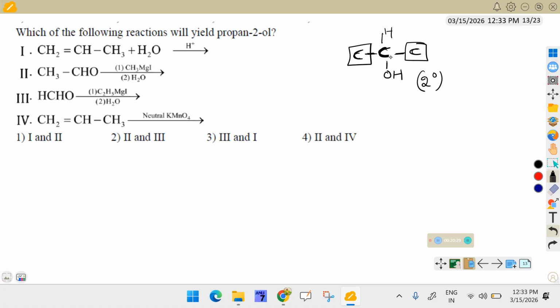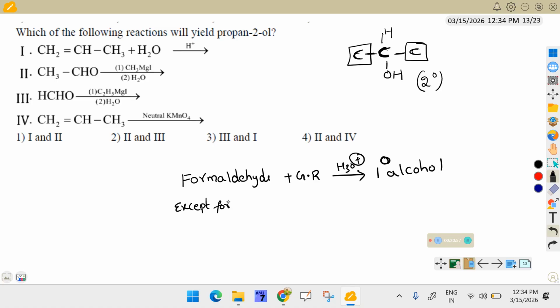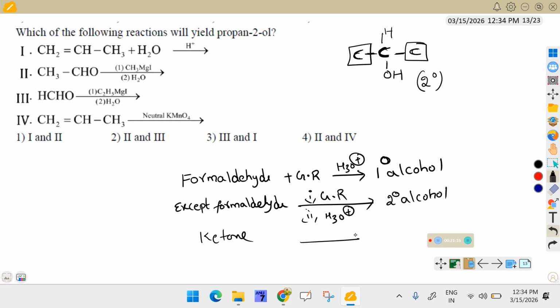We know that if the aldehyde is formaldehyde, it reacts with a Grignard reagent, and on further hydrolysis gives a 1-degree alcohol as a product. Any other aldehyde except formaldehyde reacts with a Grignard reagent, and on further hydrolysis gives a 2-degree alcohol. If a ketone reacts with a Grignard reagent, on further hydrolysis it gives a 3-degree alcohol as a product.